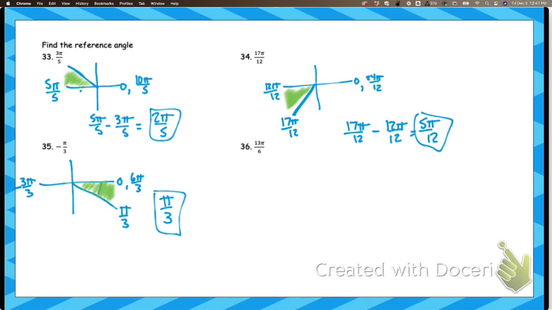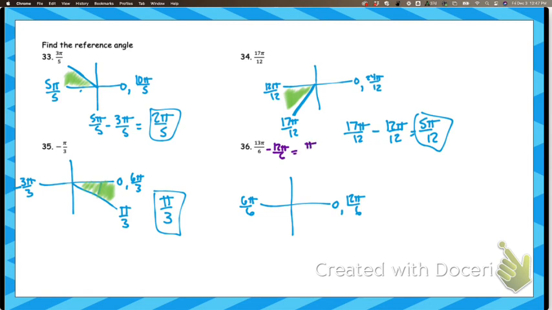All right, and then last one, in order to figure out which quadrant it goes in, we're going to need to find a coterminal angle. But if you don't know that, let's go ahead and label 0, 6 pi over 6, 12 pi over 6. So 12 pi over 6, again, 13 pi over 6 is more than that. So let's go ahead and subtract 12 pi over 6.